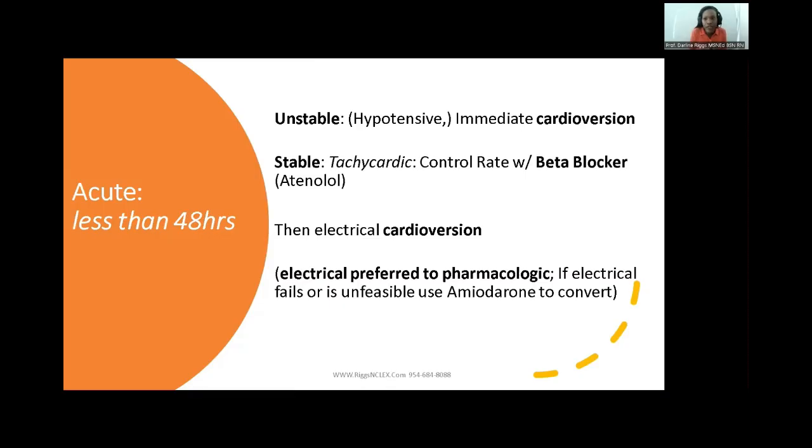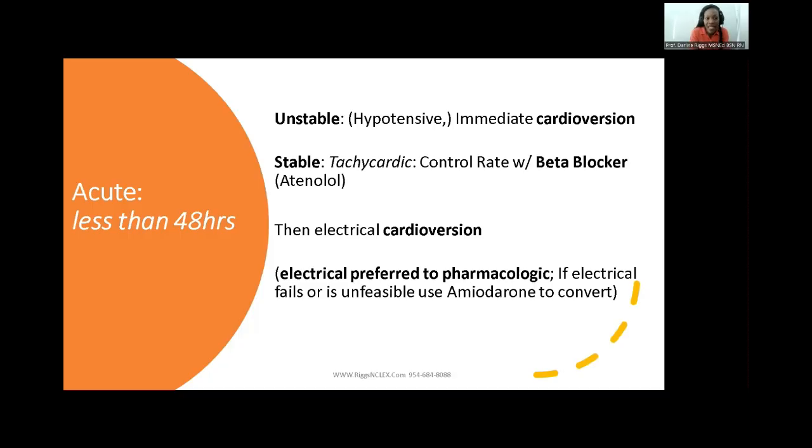Okay, so now we're going to get into treatment. With these questions, you have to pay attention to the time frame. Is the client less than 48 hours or greater than 48 hours? It matters. Within the test taking strategies, I've already taught you that time matters.